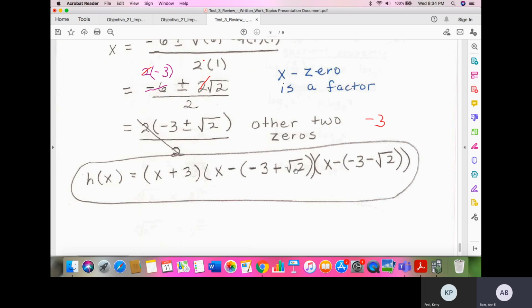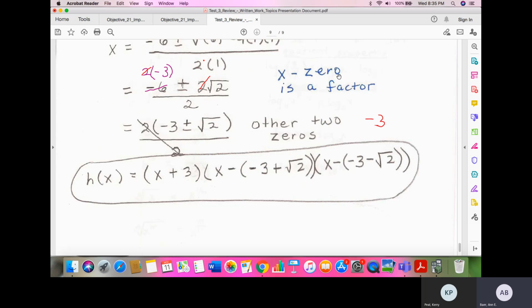Because this 0, negative 3 plus square root of 2, has two terms, we're going to put it in parentheses. So this set of parentheses is for the 0, and this outer set is for the factor, x minus the 0.